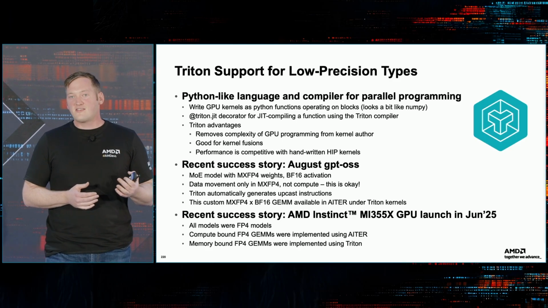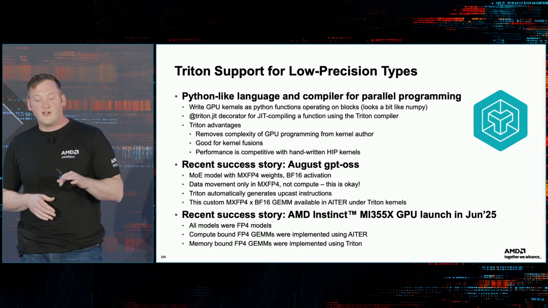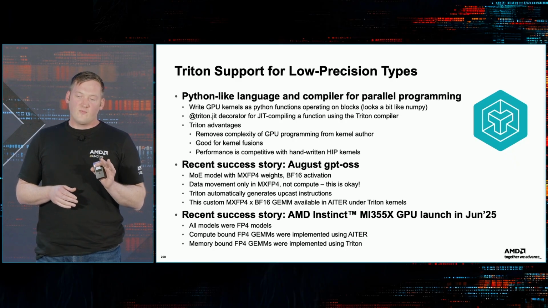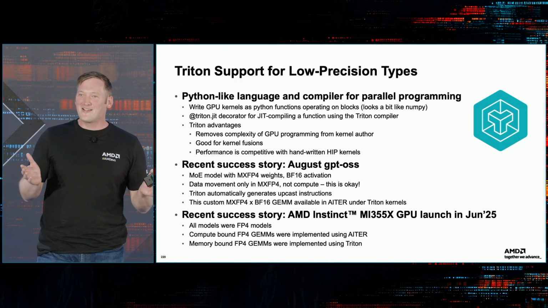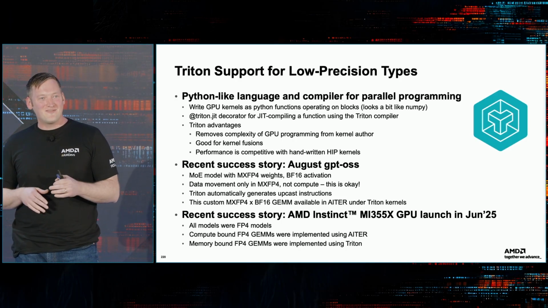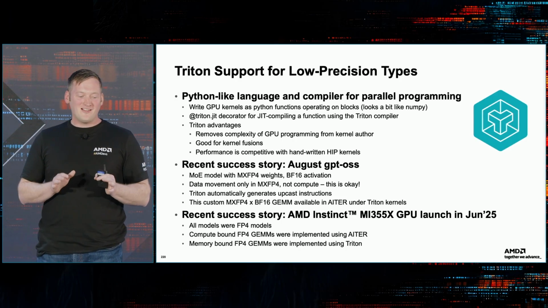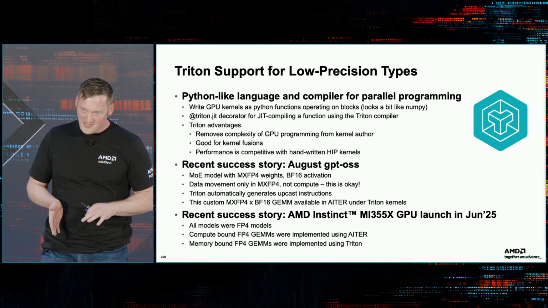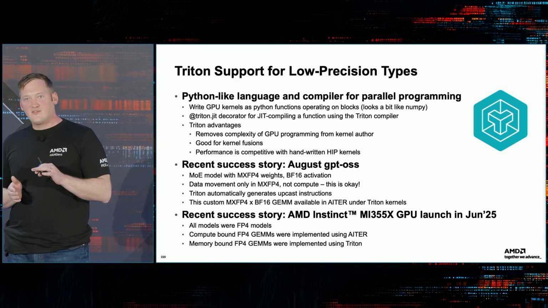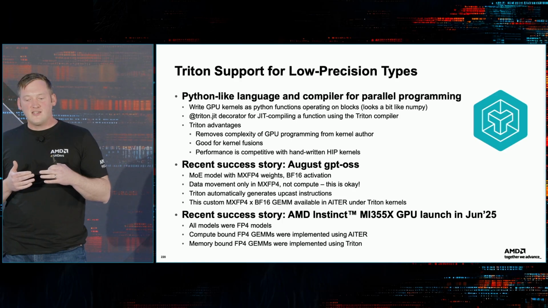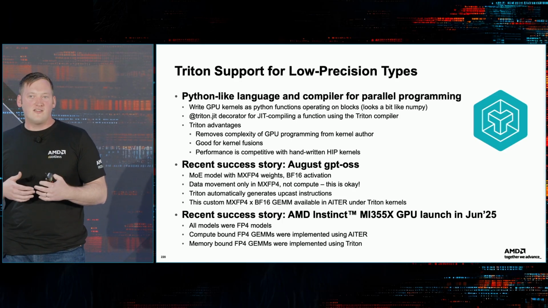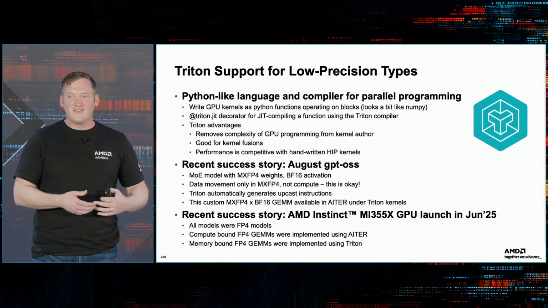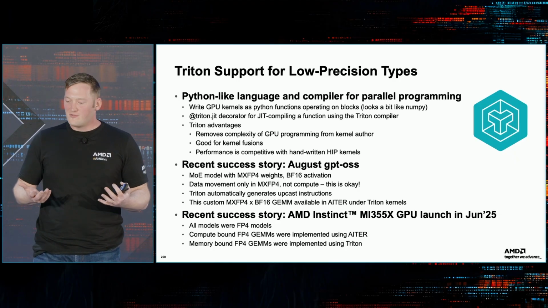One recent success that I would like to talk about is the GPT OSS launch. Now, I think GPT OSS has been covered very well already today, but just to re-highlight, it's an MoE model with MXFP4 weights and bfloat16 activations. I wanted to bring this up because the matrix cores that are going to be used for this model are not in MXFP4, but that doesn't mean it's a waste, right?